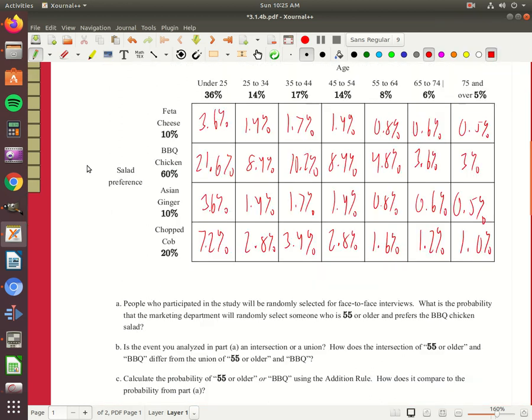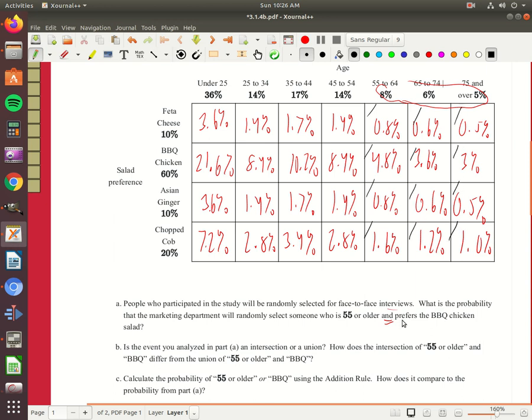So it says people who participated in the study will be randomly selected for face-to-face interviews. What is the probability that the marketing department will randomly select someone who is 55 or older and prefers a chicken sandwich? These people are all 55 or older, and they prefer the barbecue chicken sandwich.